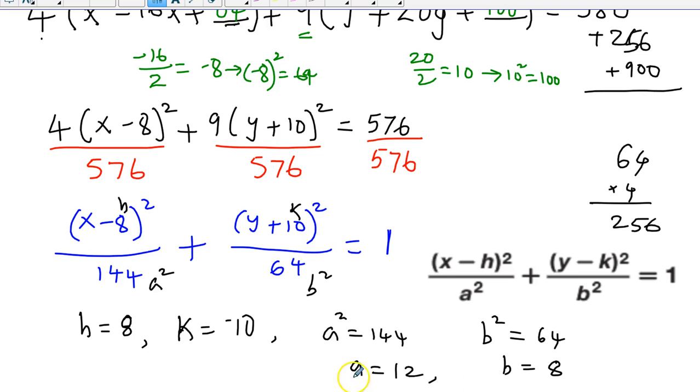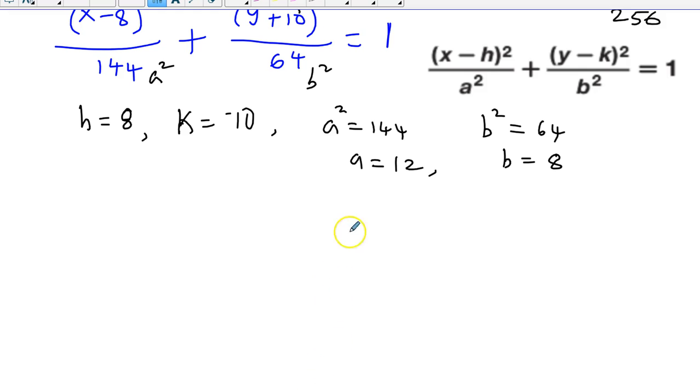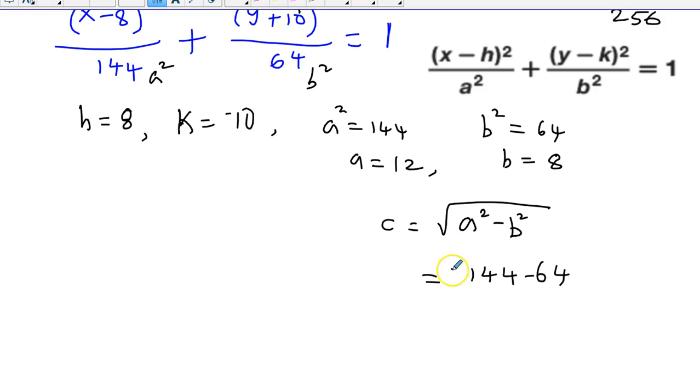So having known the value of a and b, I can find c. c is equal to what? The formula says square root of a square minus b square, that is 144 minus 64, which gives 80.